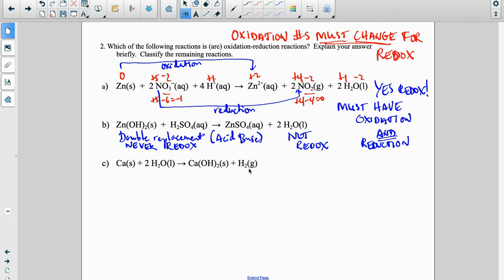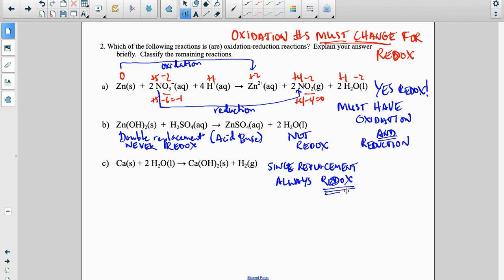All right, let's look at C. Now, if you look at C, maybe you recognize what type of reaction this is. Here, the calcium is kicking out the hydrogen. This is a single replacement. And guess what? We're in luck today because single replacement is always a redox reaction.